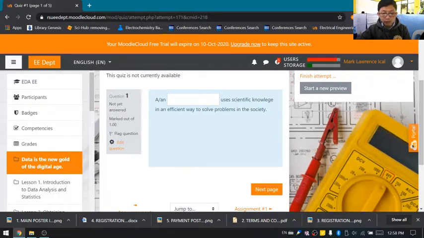So, engineer. It's not engineers though. If you're going to put engineers here, it's going to be incorrect because it's only asking for a particular answer, singular. So it's not engineers. Okay.